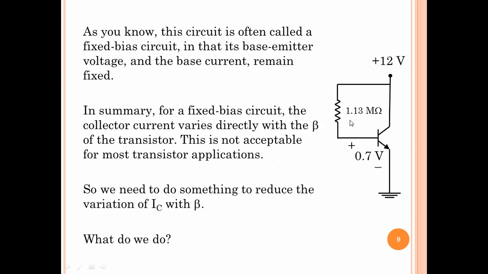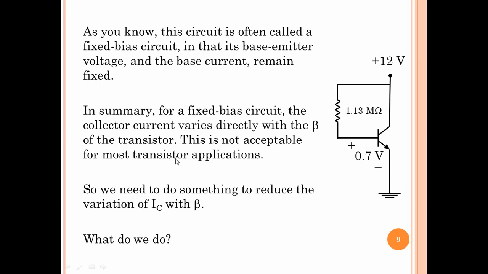As you know, this circuit is called a fixed bias circuit. A fixed bias circuit has a fixed base current. That is how the term fixed bias is defined. So we say in summary that in a fixed bias circuit, the collector current varies directly with beta, and this is not acceptable for most transistor applications.